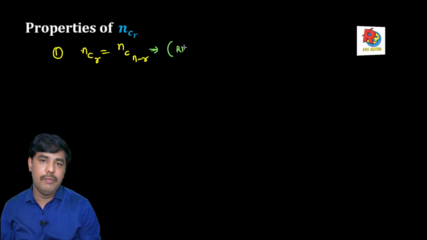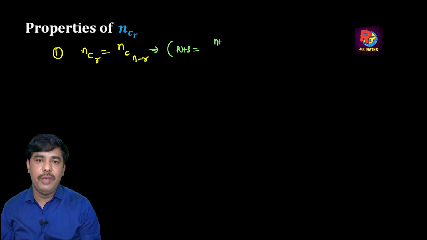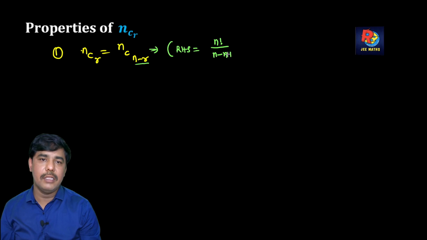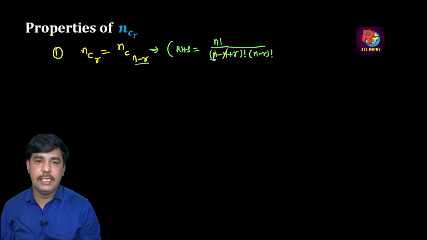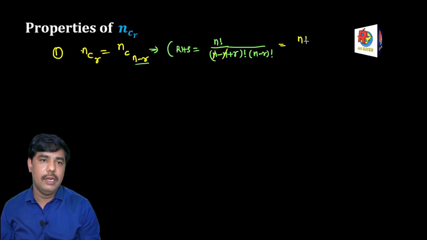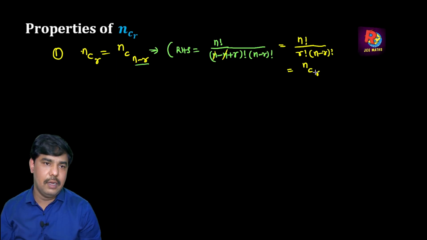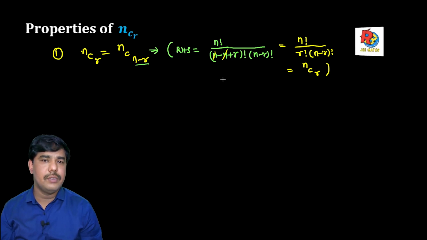On the RHS, n factorial by (n minus r) factorial... instead of r it will be n minus r, so n minus (n minus r) factorial into (n minus r) factorial. Now you can observe the n will be cancelled. After that, n factorial by r factorial into n minus r factorial equals nCr. So this is nothing but the LHS: nCr equals nC(n minus r).